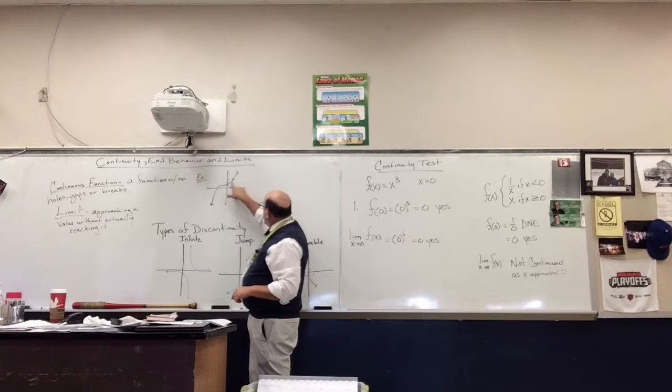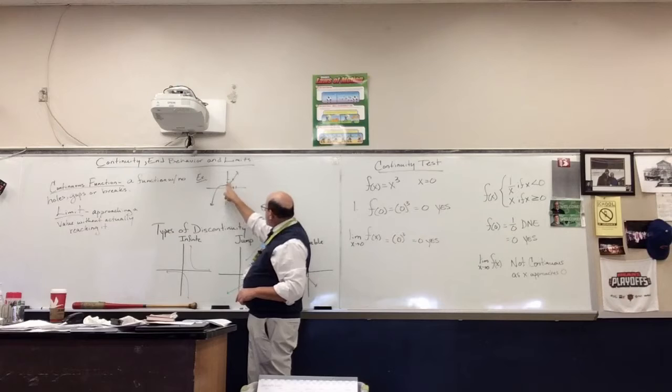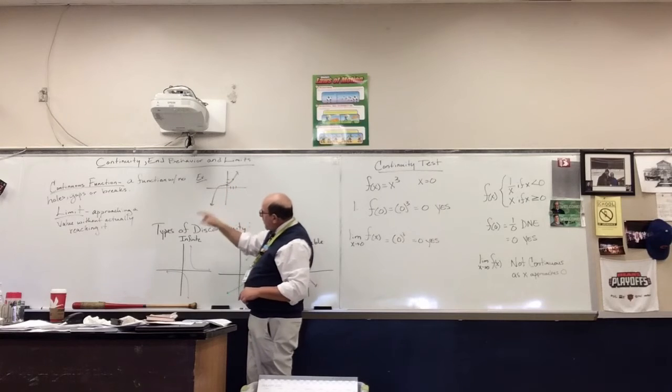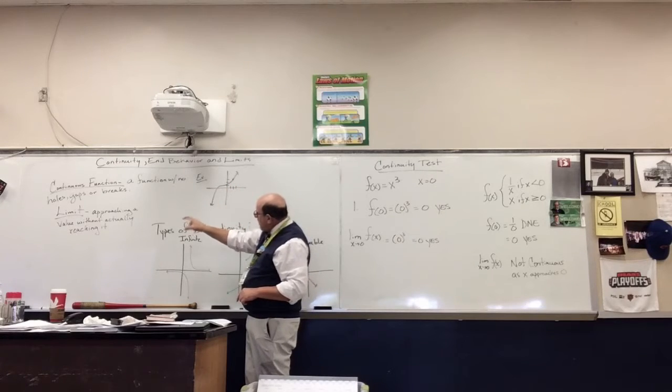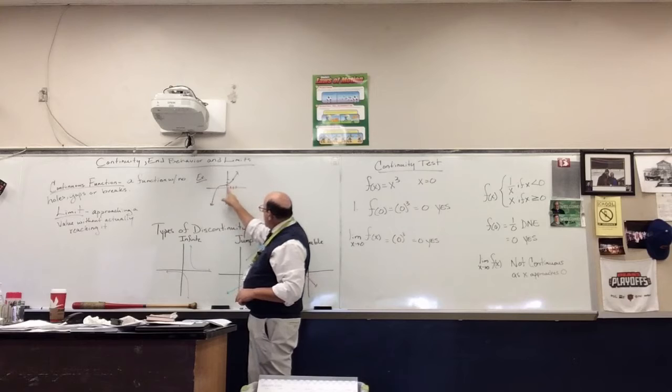Here's 2. If I'm approaching 2 from the left side, from negative infinity, it is continuous, right? I'm coming up to it, getting ever so close, approaching it without really reaching it. That's what the definition says.